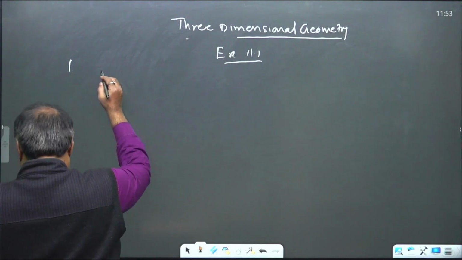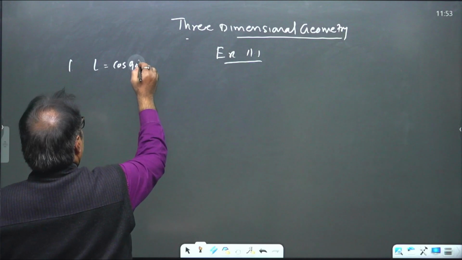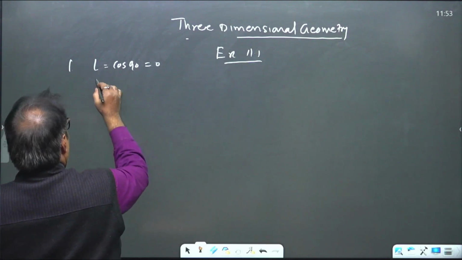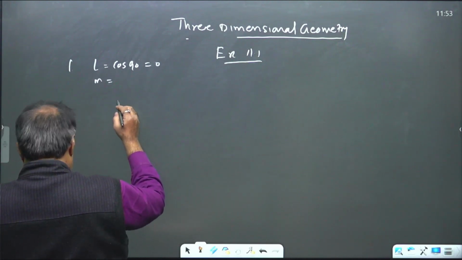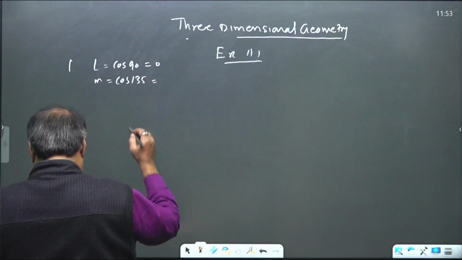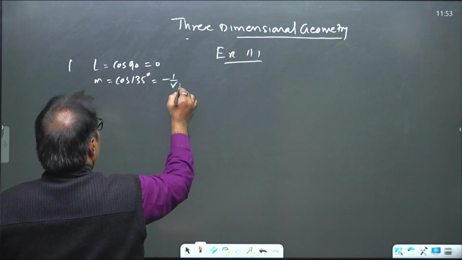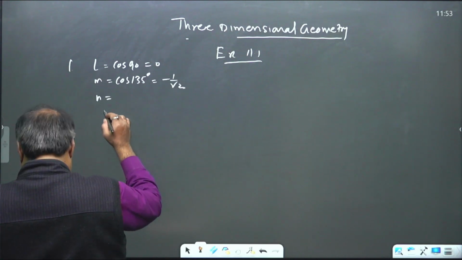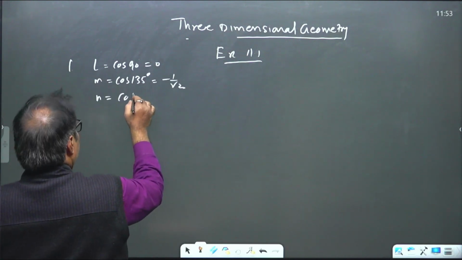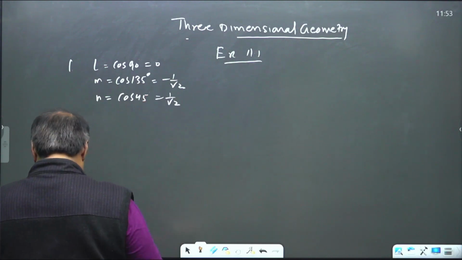Here the direction cosine L is equal to cos 90 degrees, that is 0, and M is equal to cos 135 degrees, that will be equal to minus 1 by root 2, and N is equal to cos 45 degrees, which is 1 by root 2.